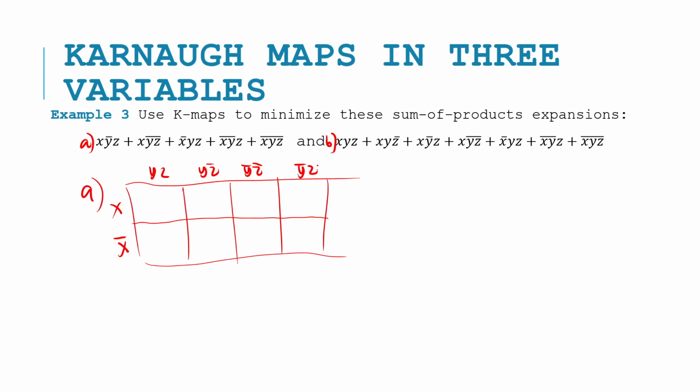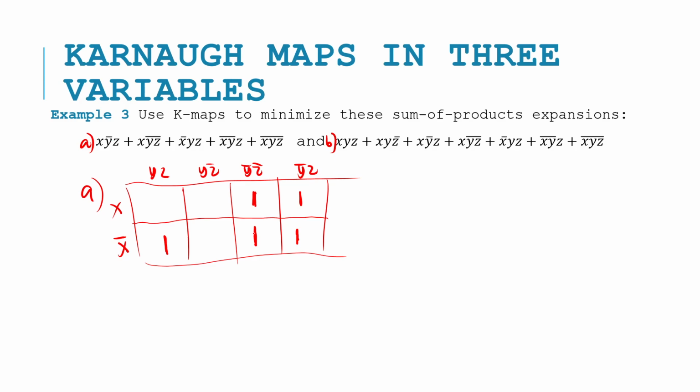Now we have to put a one for each of these min terms that we have here. So x y prime z is here. X y prime z prime is the intersection here. X prime y z is this one here. X prime y prime z is here, and x prime y prime z prime is here.